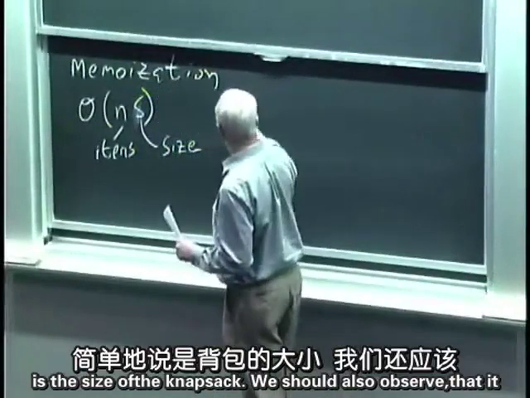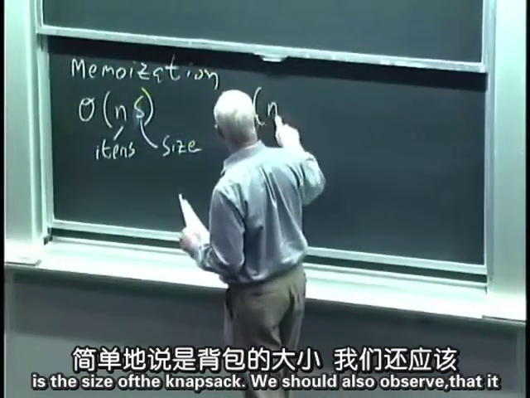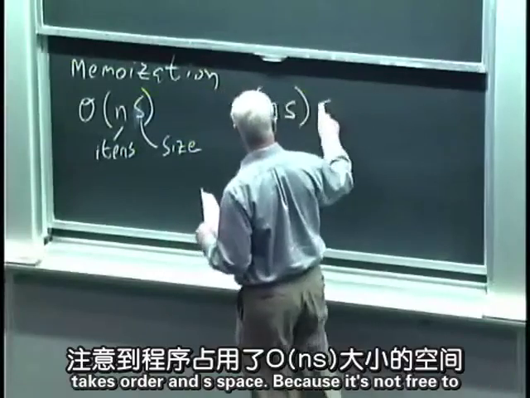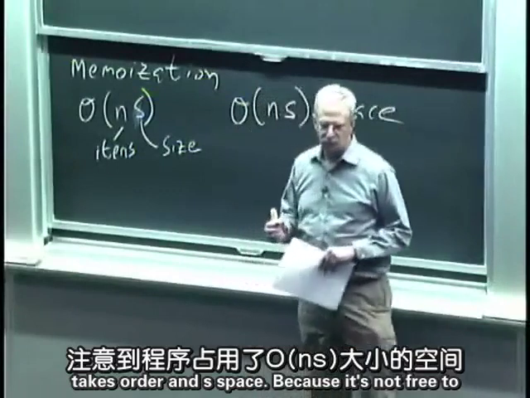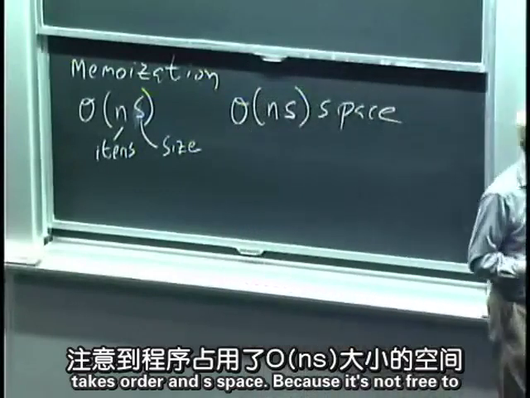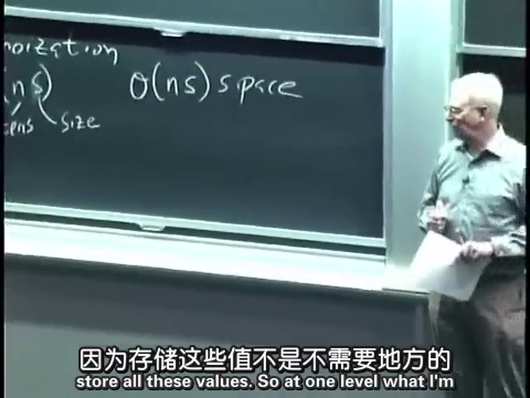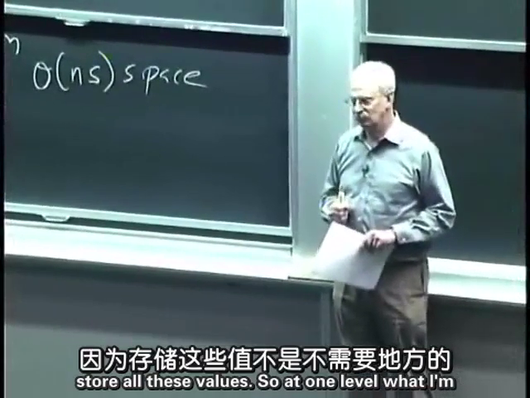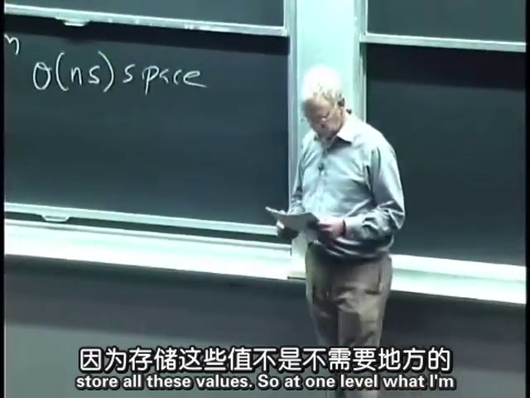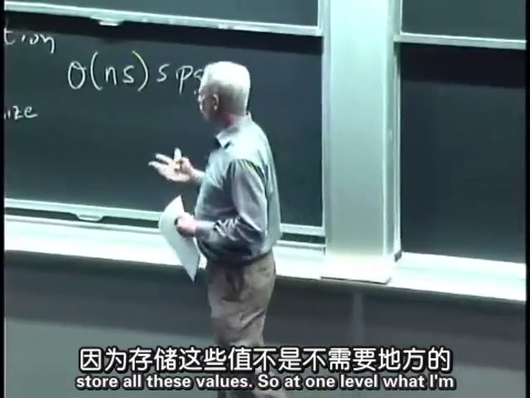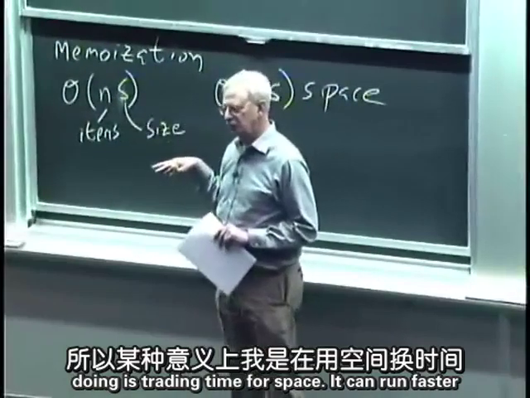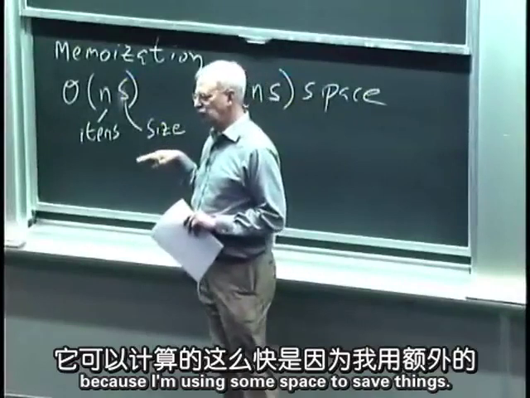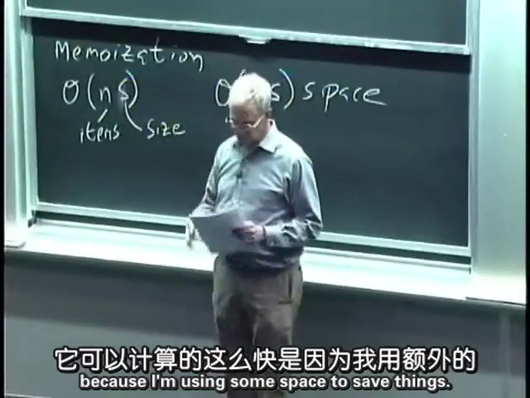We should also observe that it takes order ns space, because it's not free to store all these values. So at one level, what I'm doing is trading time for space. It can run faster because I'm using some space to save things.